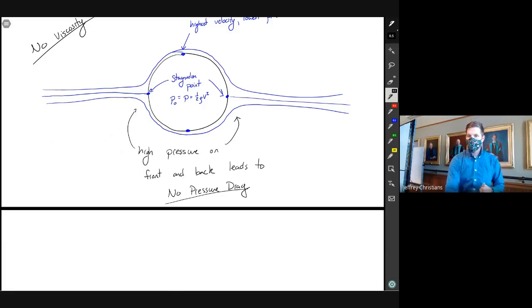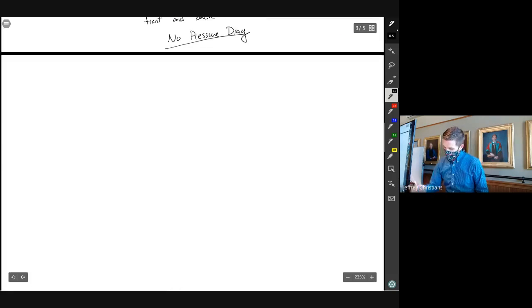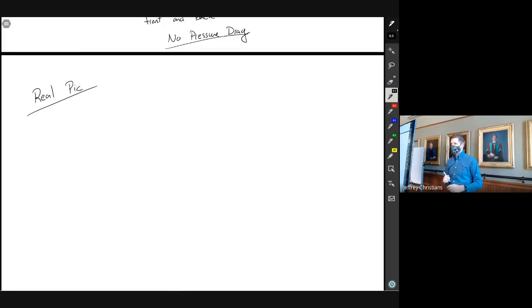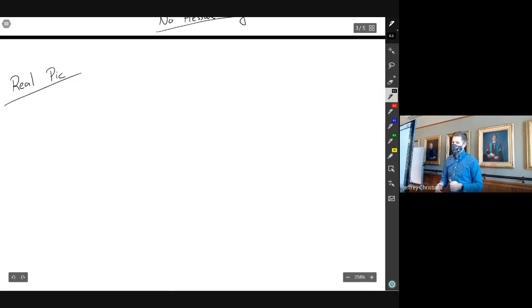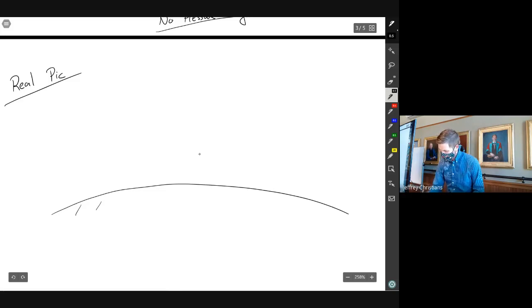What happens in a real object? This is a no viscosity picture. In a real object, we've talked a little bit about this in the context of minor losses, and we watched some videos on this. If we zoom in at what's happening at the top of the ball, this is our ball here.